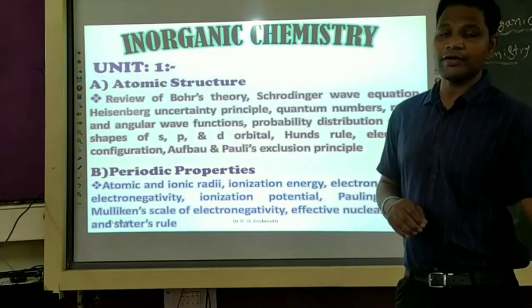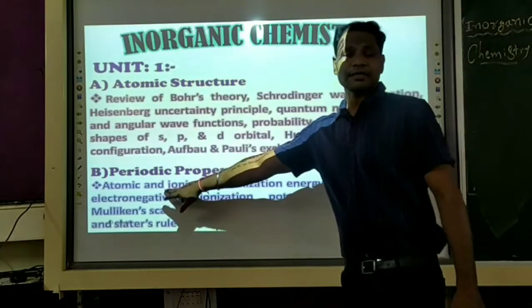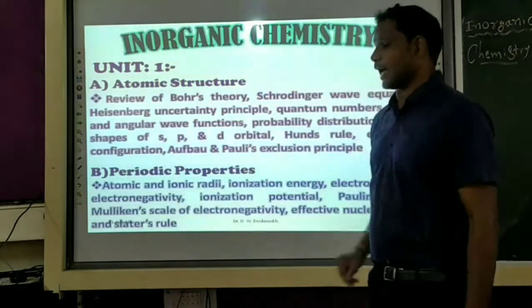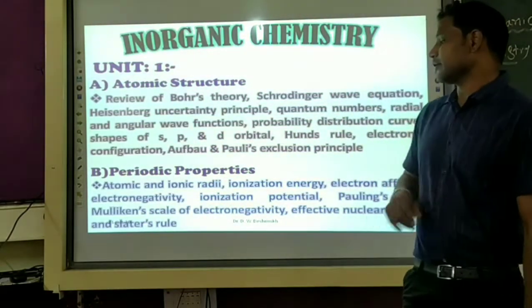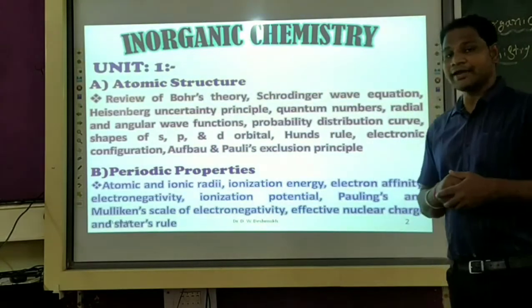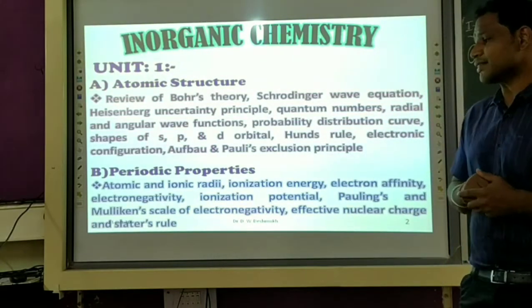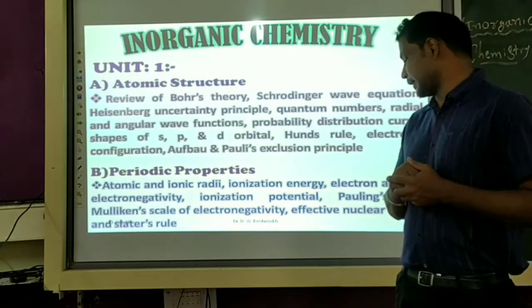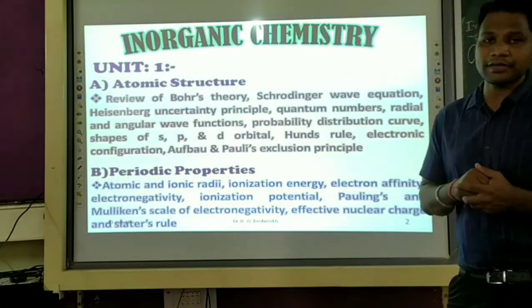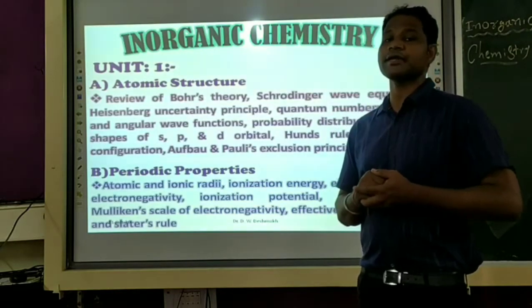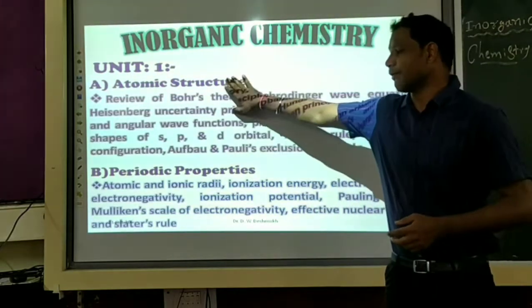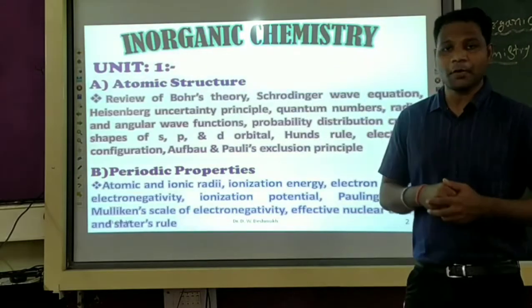So in this we have to discuss what is the trend in atomic and ionic radii, ionization energy, electron affinity, electronegativity, ionization potential, Pauling's and Mulliken's scale of electronegativity, effective nuclear charge and Slater's rule. So in the first unit, we have to deal with atomic structure and periodic properties.